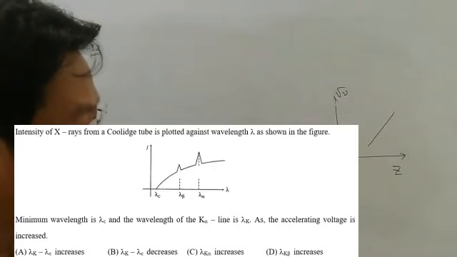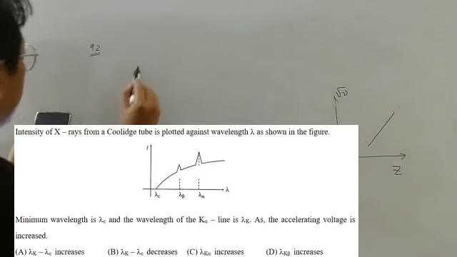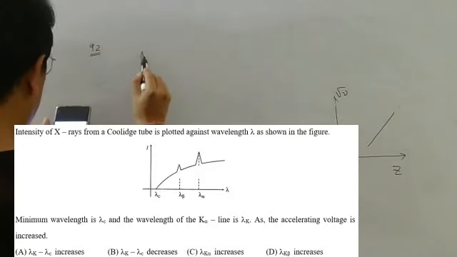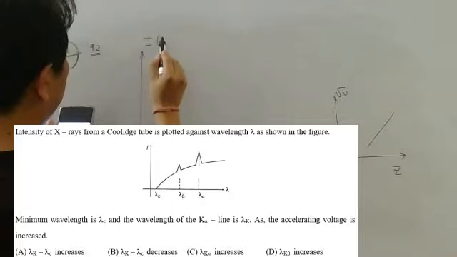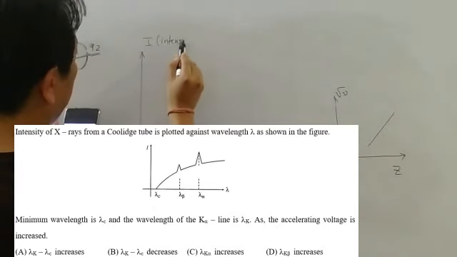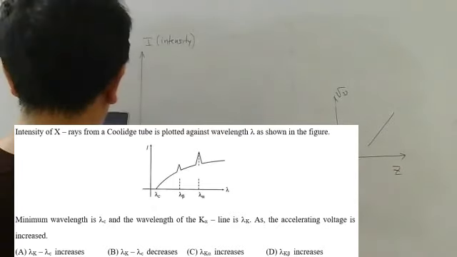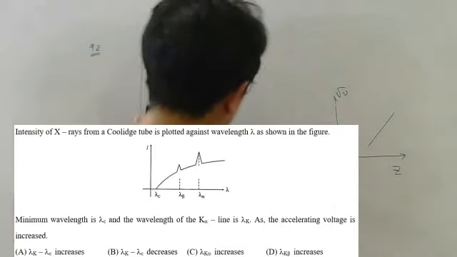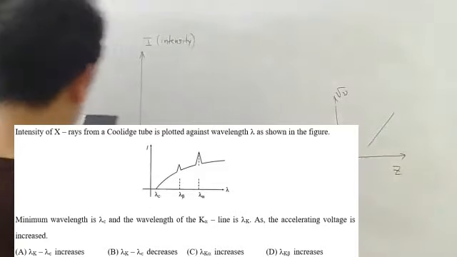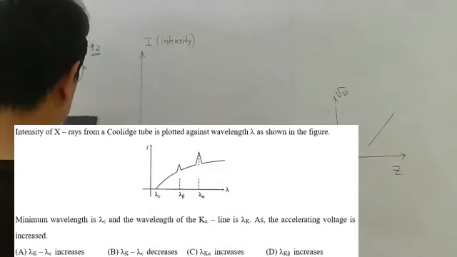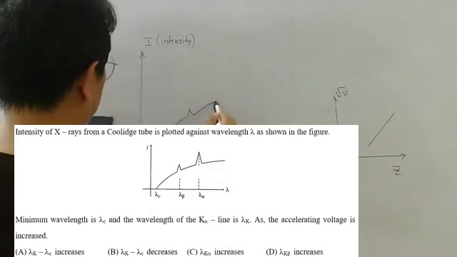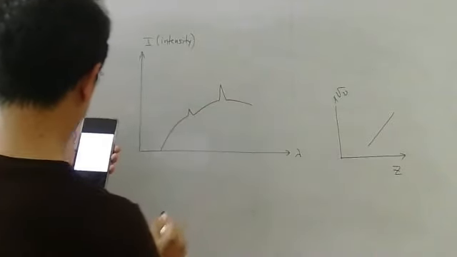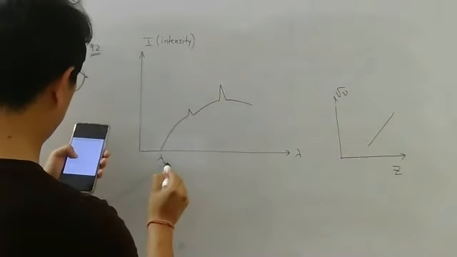Intensity of X-ray from a Coolidge tube, capital I, this is intensity, from a Coolidge tube is plotted against wavelength, and the graph is something like this. This is your cutoff wavelength.